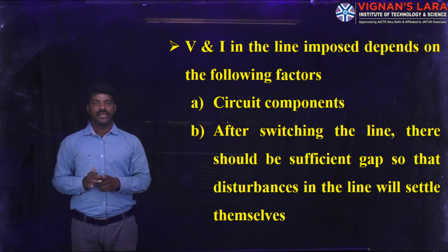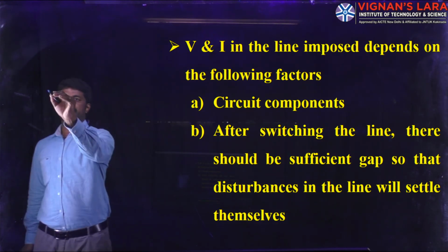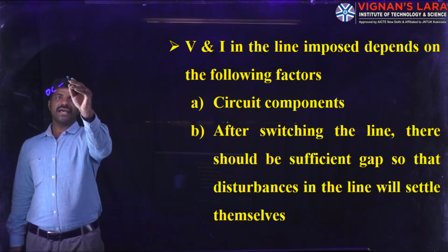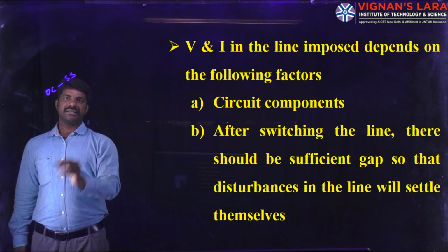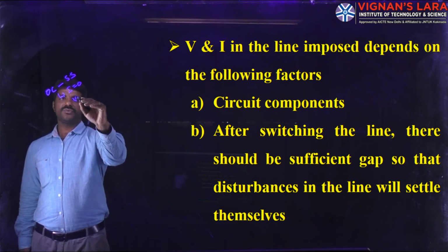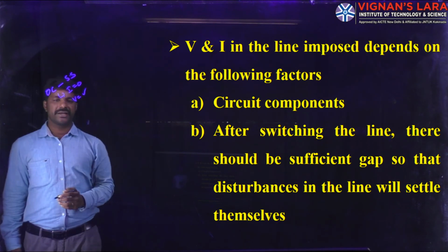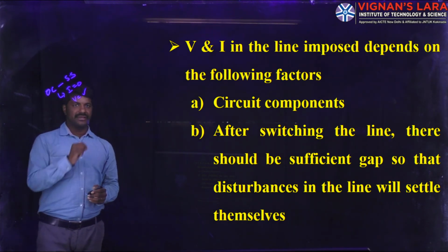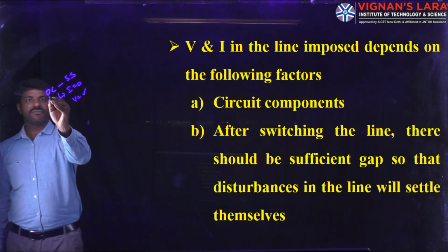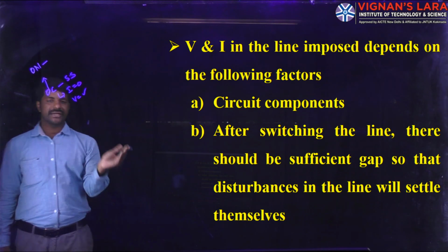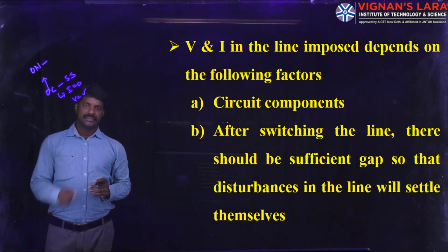For example, if we go for the open circuited condition, this condition is called a steady state condition. Under this steady state condition, the current is 0 and the voltage will be available with some operating voltage. If I want to switch on the line, means turn on this line, then I have to connect it to the generating station.